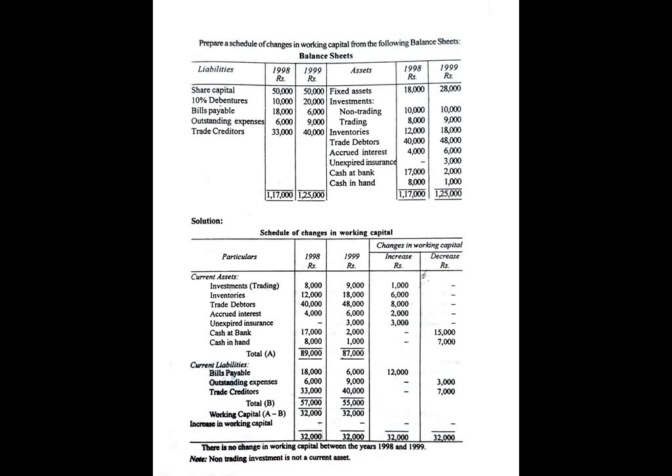It is also increased, so automatically the working capital decreases. Now we see the increase column total is 32,000, whereas the decrease column is only 25,000. The balance amount falls in the increase column, that is 7,000 rupees. So it is called an increase in working capital of 7,000 rupees.